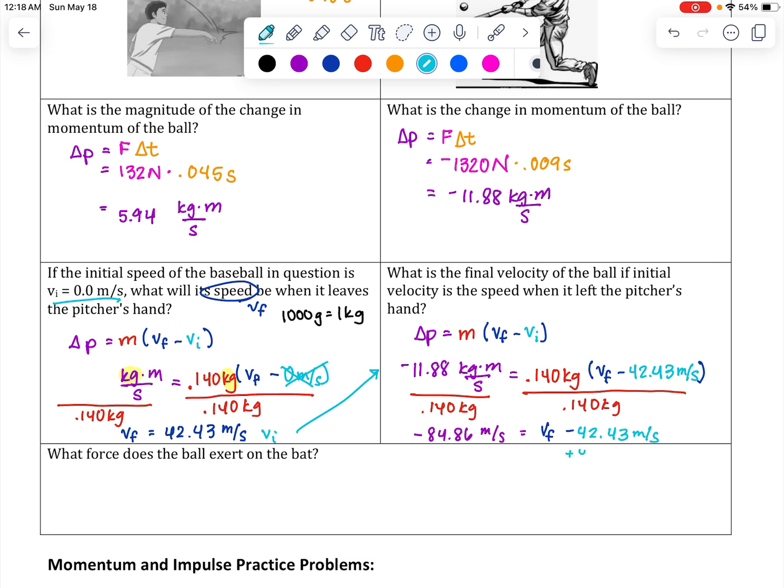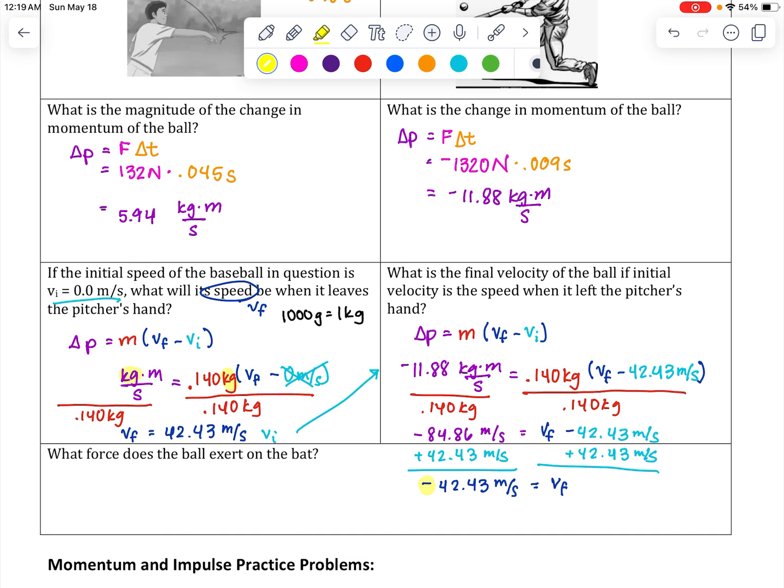Then I add 42.43 meters per second to both sides, and I end up with a VF of negative 42.43 meters per second. So same speed, but because it's opposite, it's moving in the opposite direction. That's why it's negative. That's pretty cool.